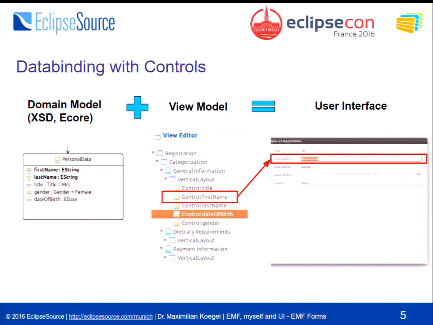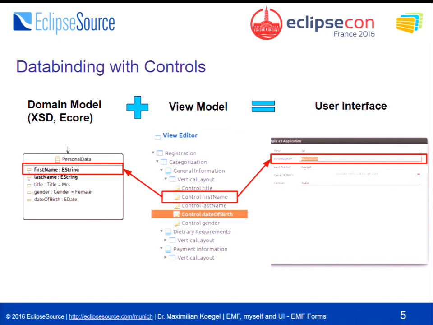And then you get an input field depending on the type of property. So in this case, it's a text input field because we want to display the first name. And the other thing the control does, it explicitly defines what is being displayed from the data model. That's hence data binding. So the control binds to the first name property on the left-hand side here from the data model, and it is responsible for displaying this property in the user interface at a certain place.